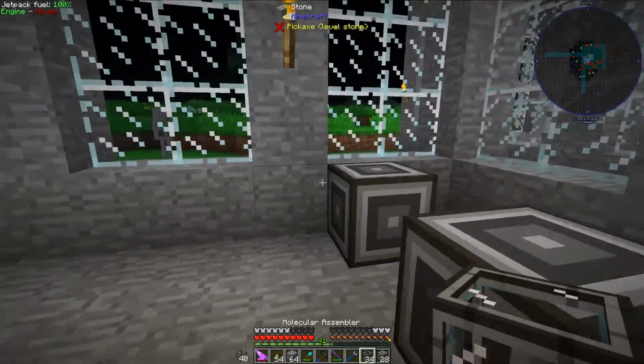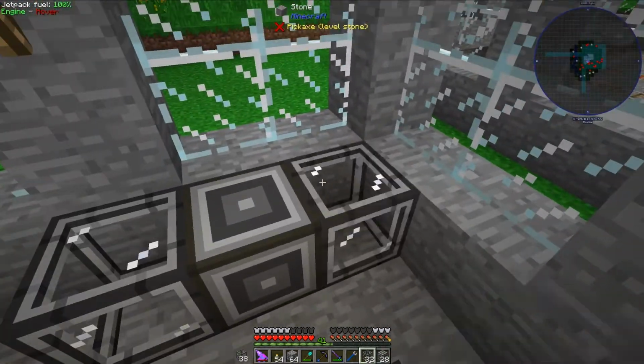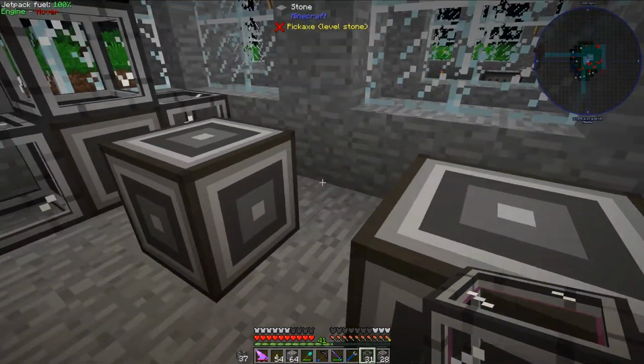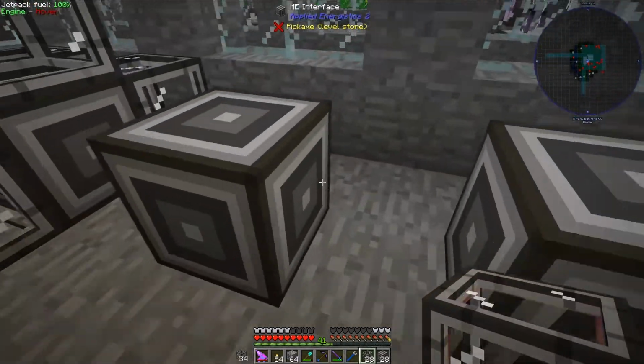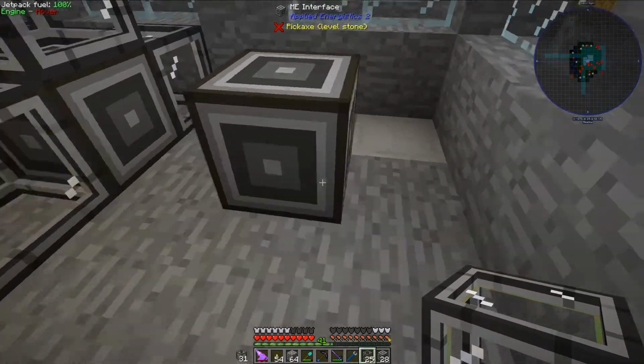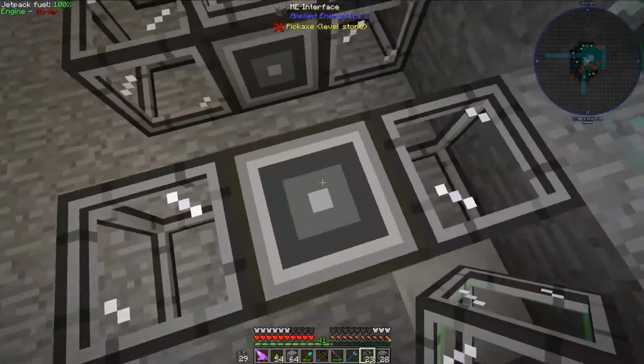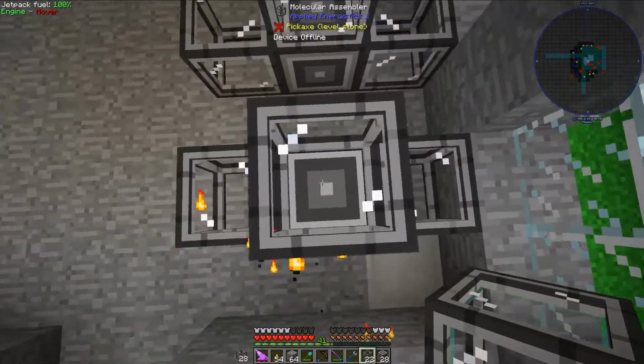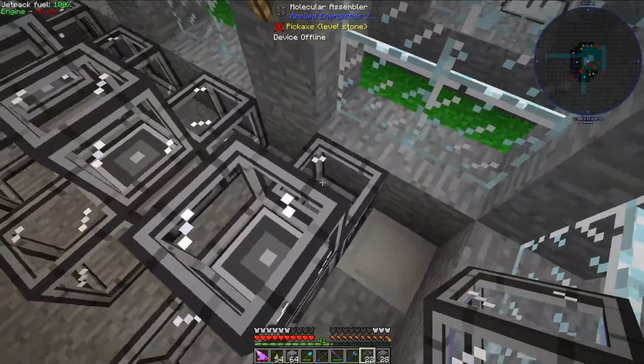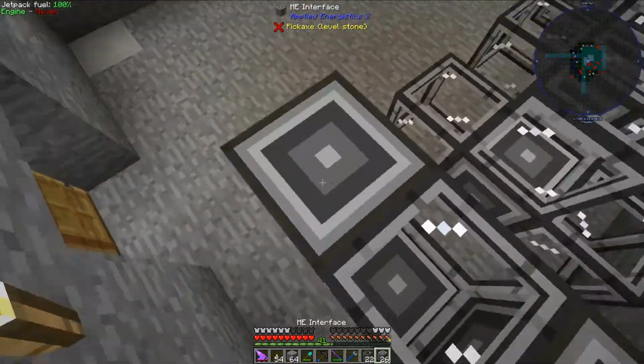And then what we're going to do next is place molecular assemblers around the ME interfaces like this. And what this will do is the one ME interface right there can interact with any of the 3 molecular assemblers around it.